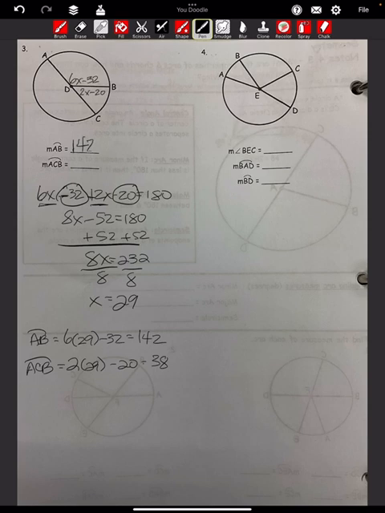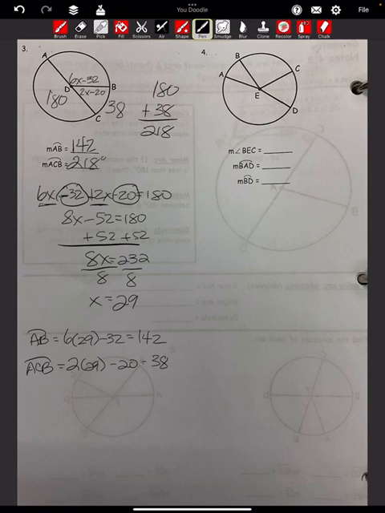And because ACB is the combination, we already know this side is 180, and we just found out this side is 38. So we're going to say 180 plus 38 is equal to 218.